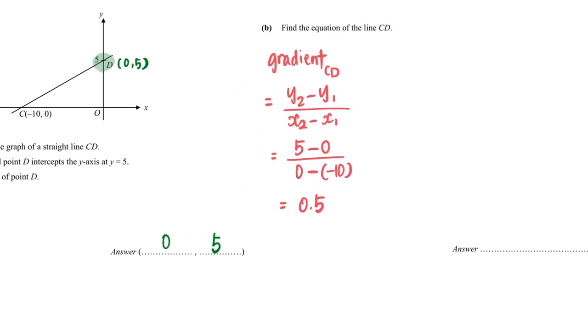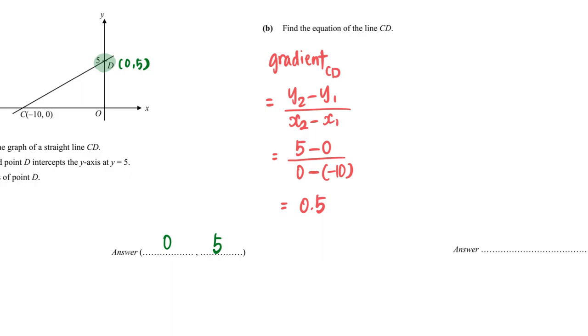And once I have that, I also saw that this happens to be my y-intercept for the line CD. So if I have this gradient, y equals to mx plus c, gradient is this number, y-intercept is this number, I would then be able to write my final answer out.